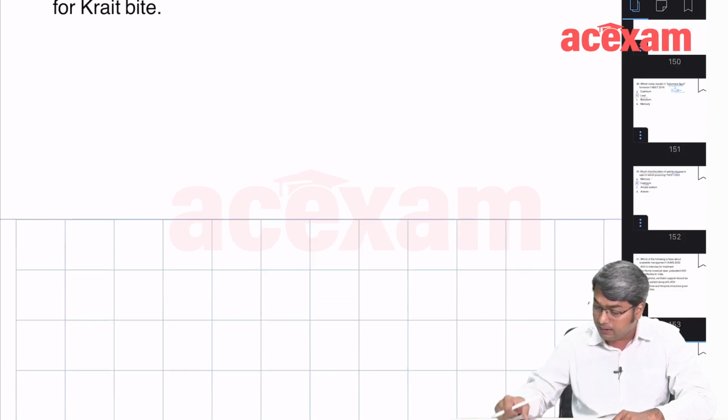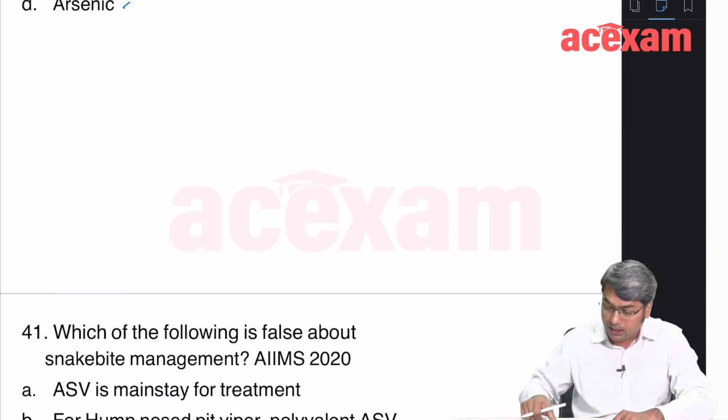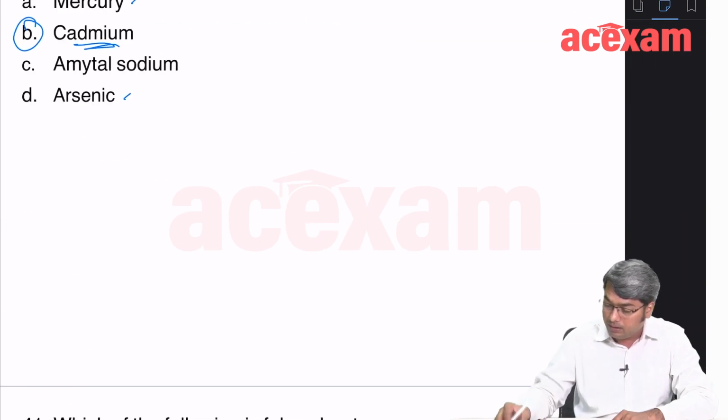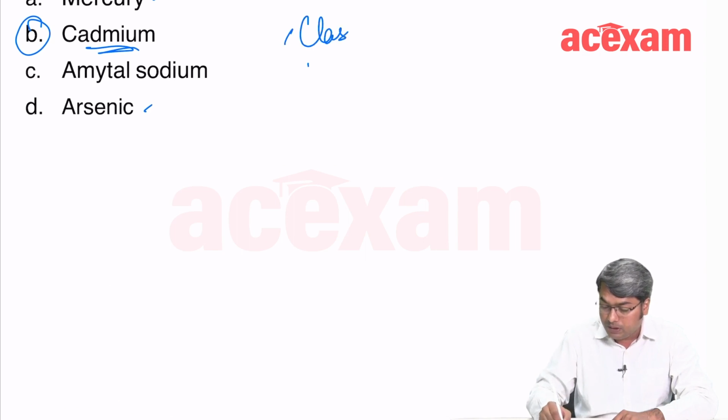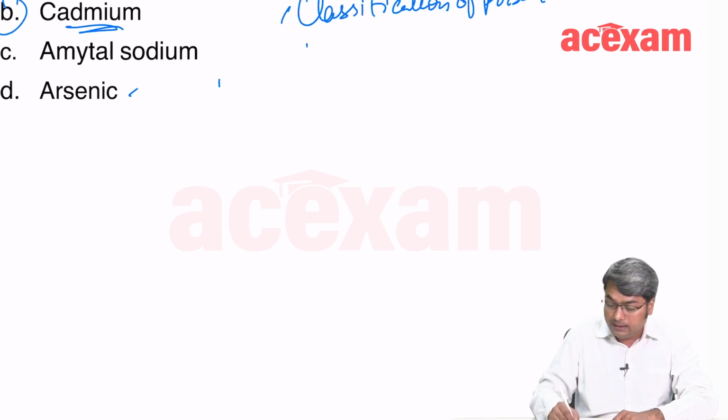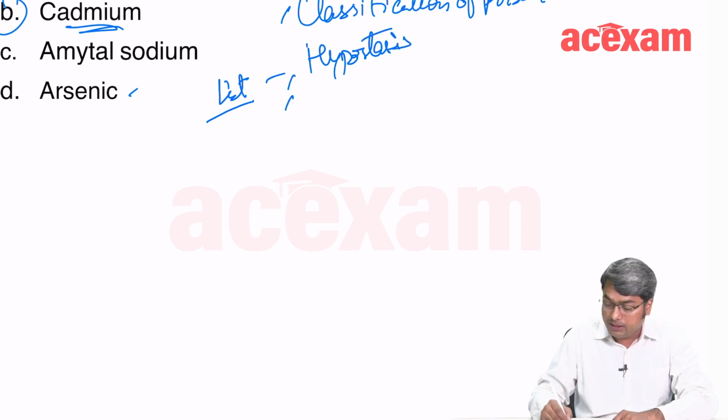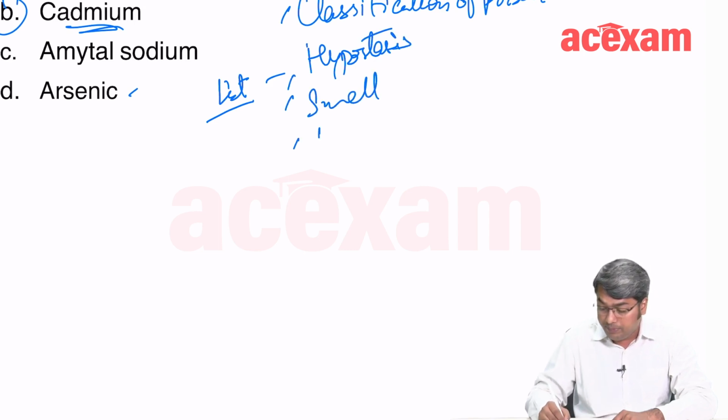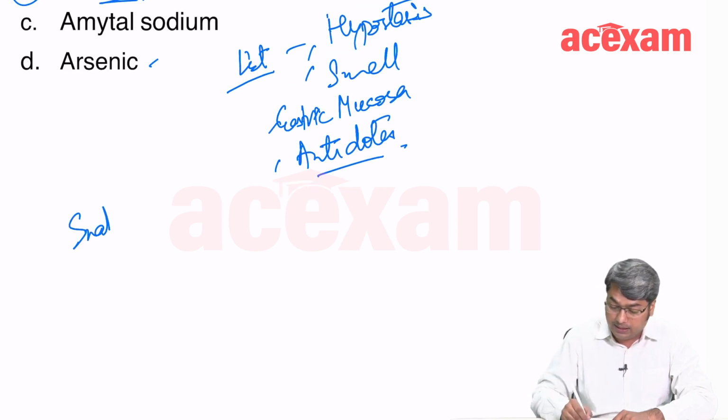The important areas are specifically the classification of poison, then lists of hypostasis, typical smell of different poisons, then appearance of gastric mucosa in case of different poisons, then list of antidotes, then particularly snake bite, the entire management, and the corrosives.